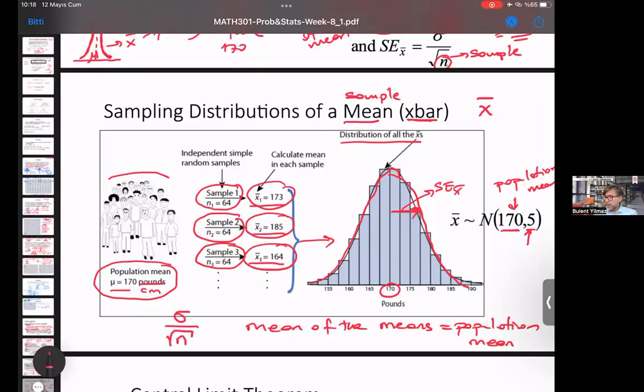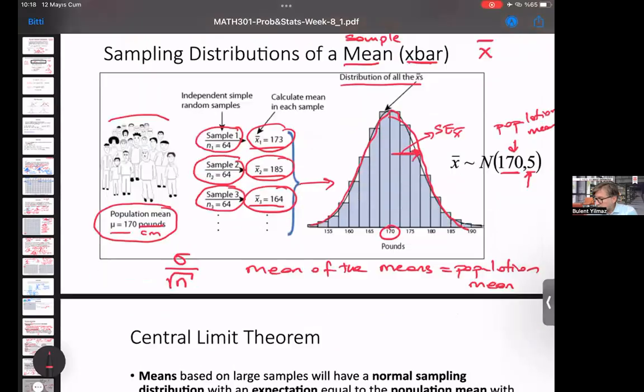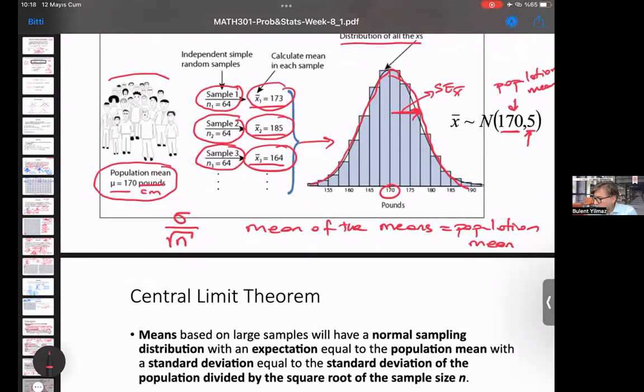Okay, that's why if I increase from 10 to 1000, the distribution was like 50, and this was very small, right? When it was 10 people only in my sample, it will be 50 still, but the standard error of the mean will be higher.